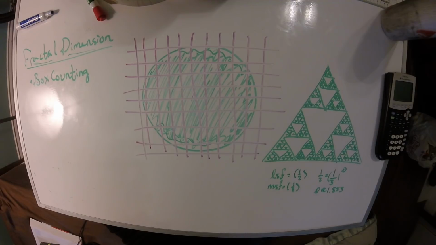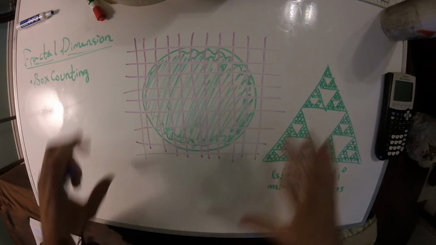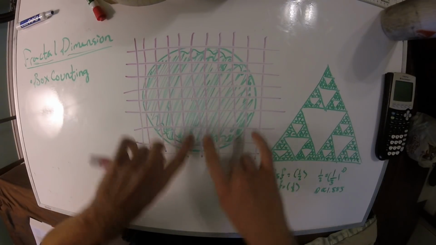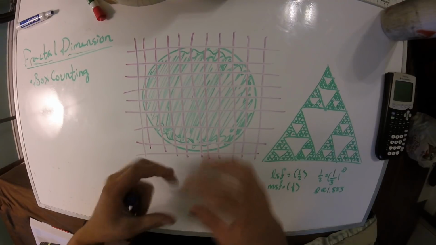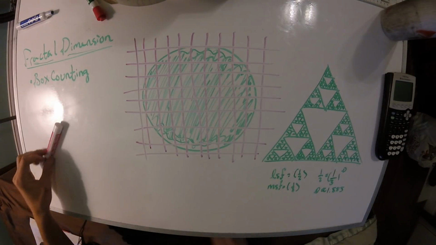Okay, so what's going to happen is we have this grid, and you have to imagine that all of these spaces are perfectly square boxes.